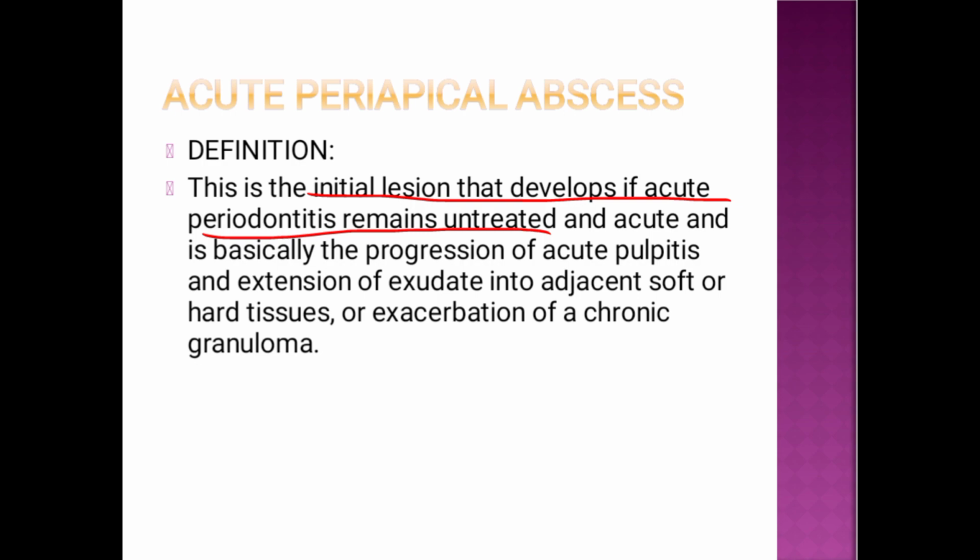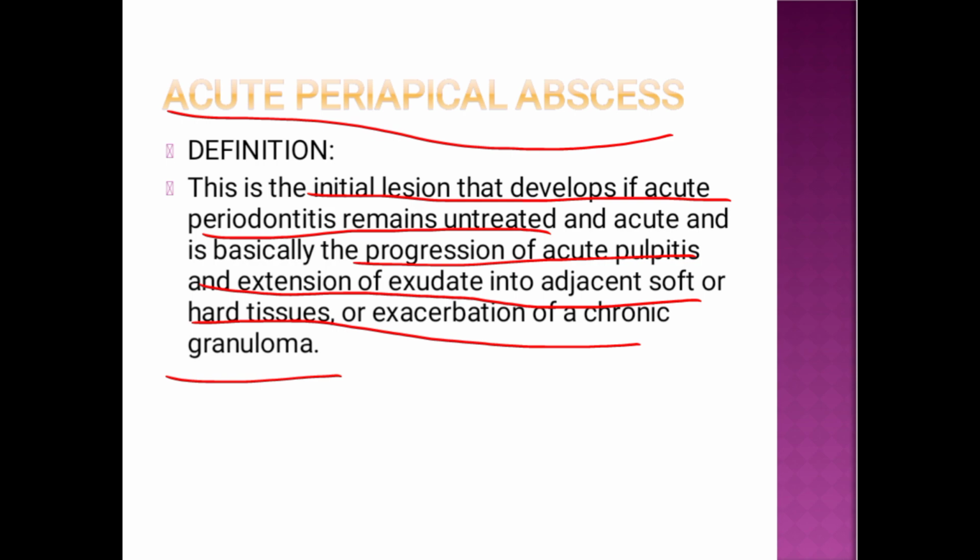It is basically the progression of acute pulpitis: when acute pulpitis leads to acute periodontitis, we have abscess formation or exudate, and the exudate spreads into the soft tissues and hard tissues, or the condition is worsened by a chronic granuloma. This condition is worsened when the patient also has a granuloma. In that granuloma, the patient can even develop an abscess.